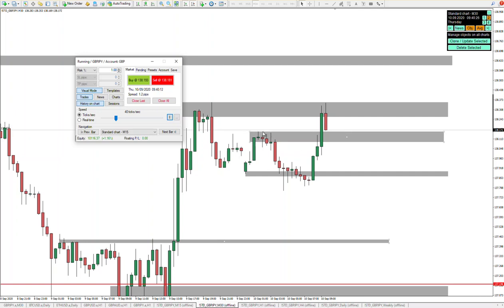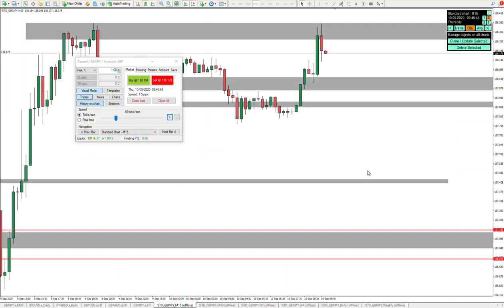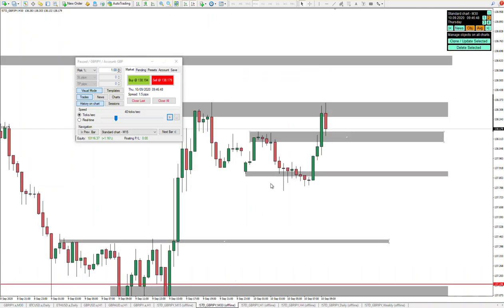So now let's see if this resistance is new support. Okay, and M15 closed like a bearish candle, testing this previous resistance. Let's wait for the hourly close.